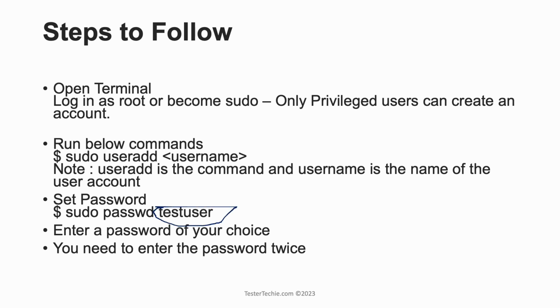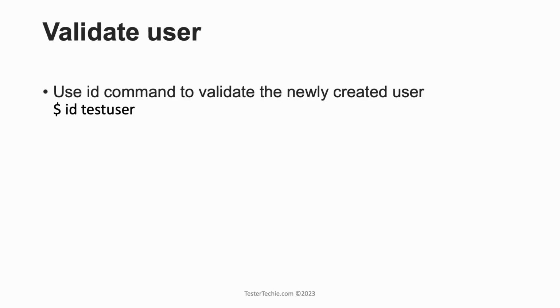It will ask you to put the password, and you need to put the same password 2 times. We'll show you in a few seconds how you can enter the password. Once the account is created, you can also validate it with the id command, id and the user account name.